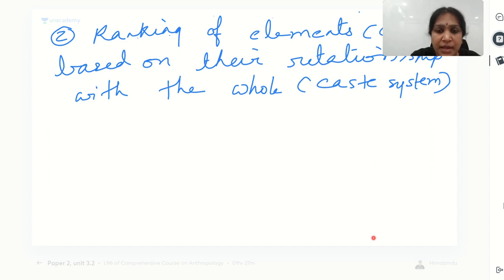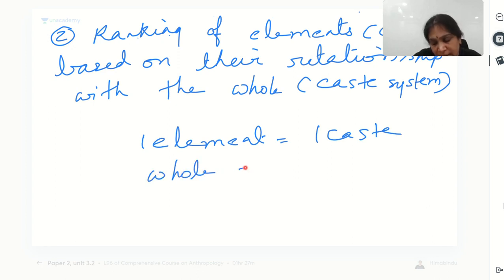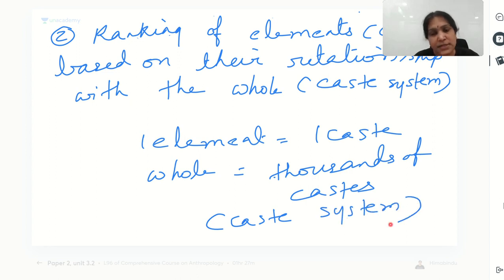The element is caste here, Priyanka. What is the whole? All castes, the complete system of castes. One element is equal to one caste. The whole is equal to thousands of castes, that is the caste system.